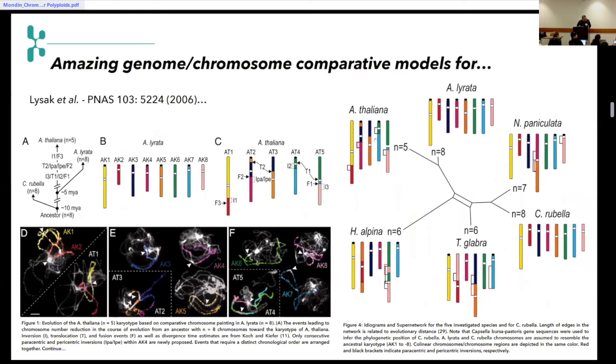And also we have these same ideas and analyses made for brassicas, and this is a wonderful work made by Martin Lysak, reconstructing the history of the chromosomes in this species.